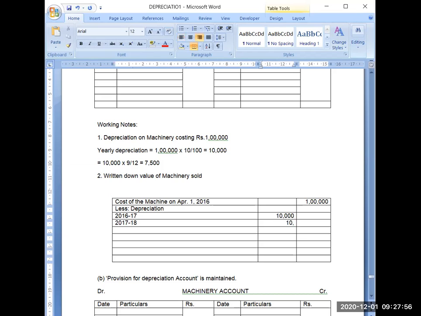Its depreciation will be 10,000. Then next year will be 2018-19 and in this year we charged depreciation of 7,500 for 9 months.